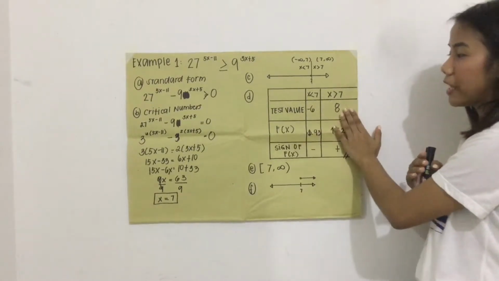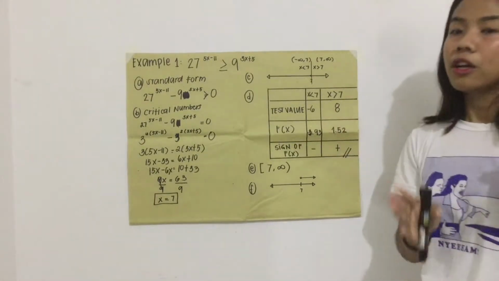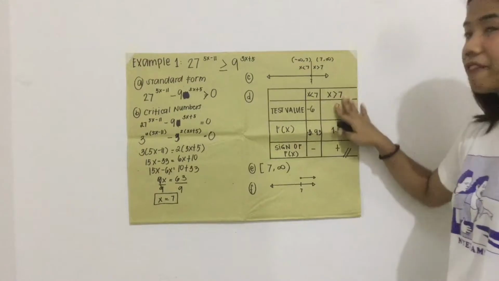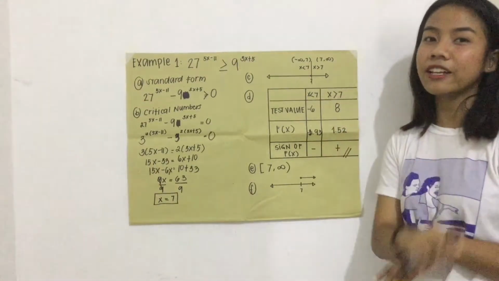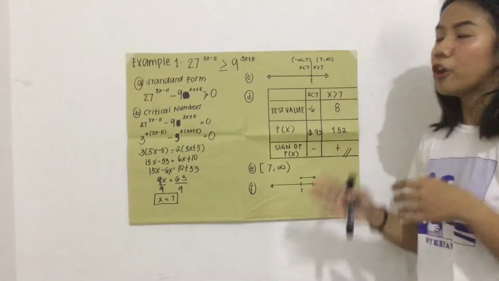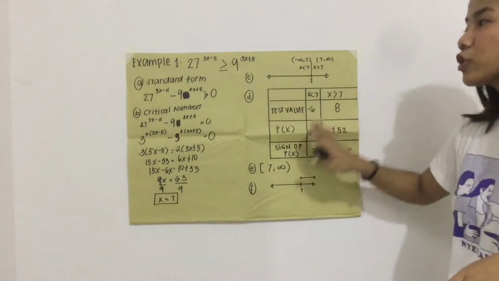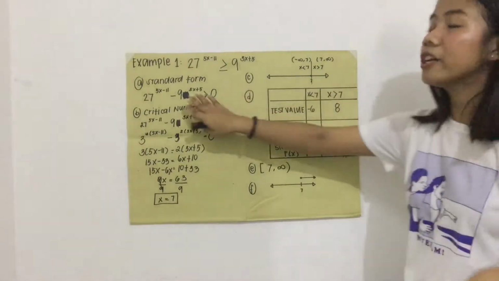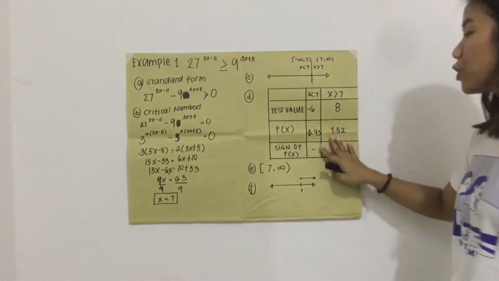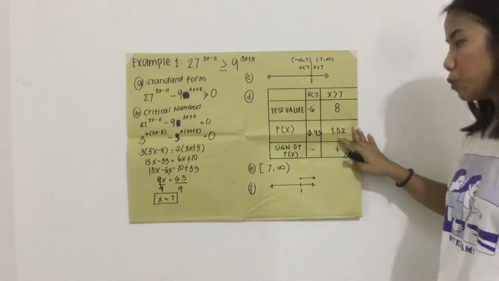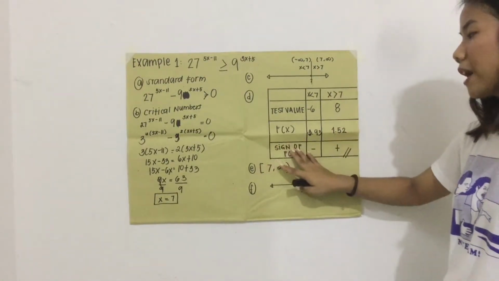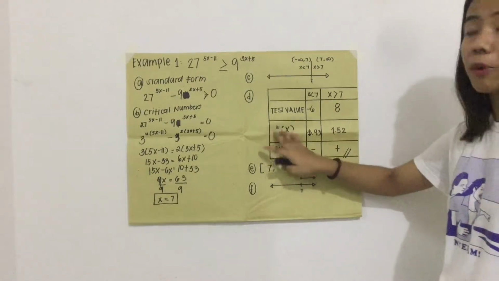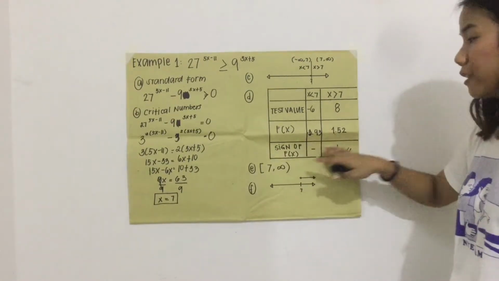Same thing in the second column, x greater than 7: we're going to use 8. When you substitute 8 into our standard form, the answer will be 1.52. So the sign of f of x comes from our f of x, which is negative and positive.